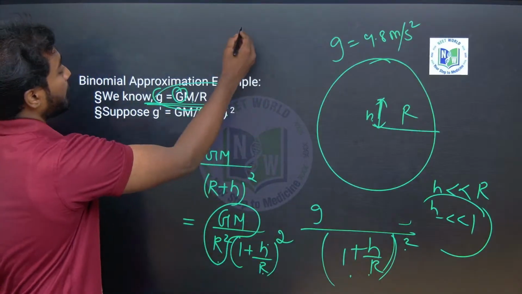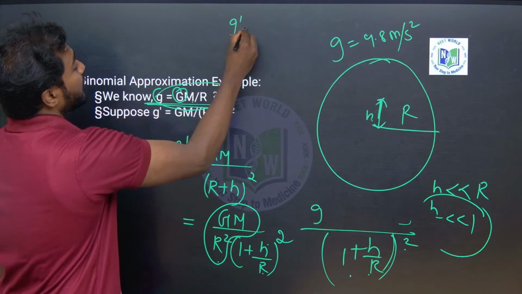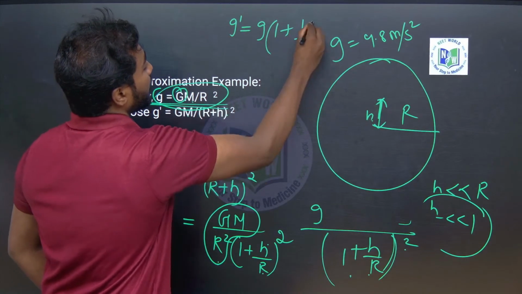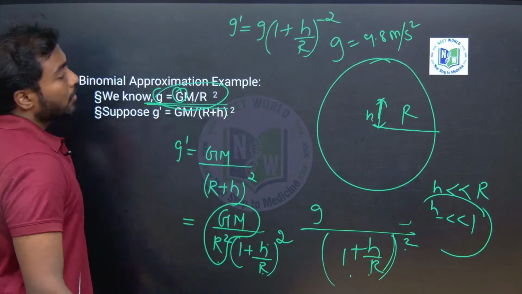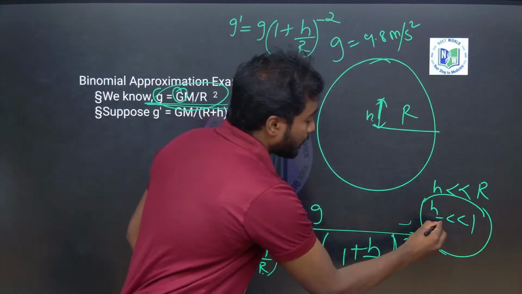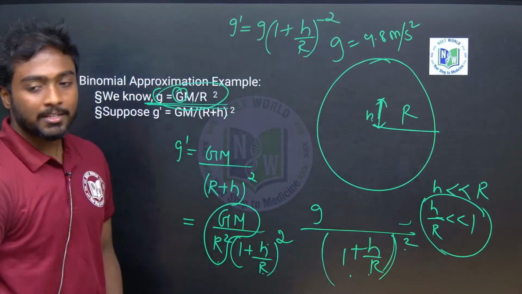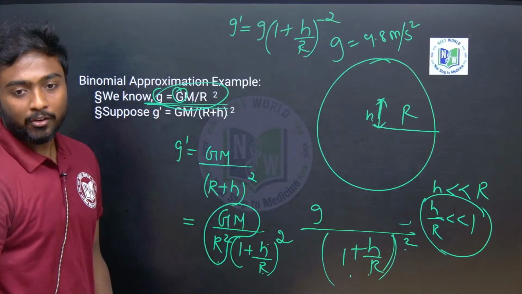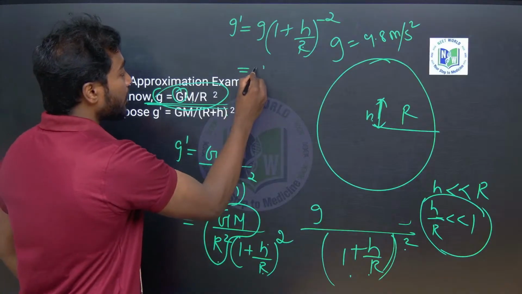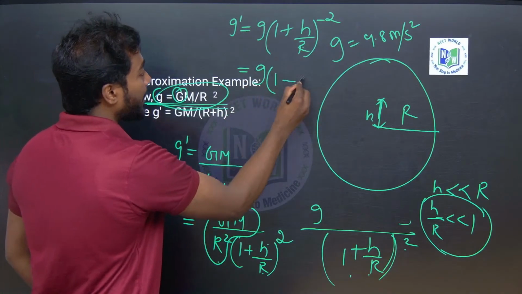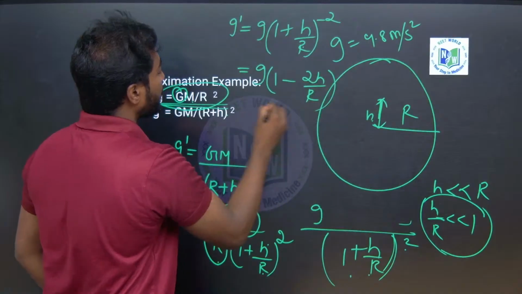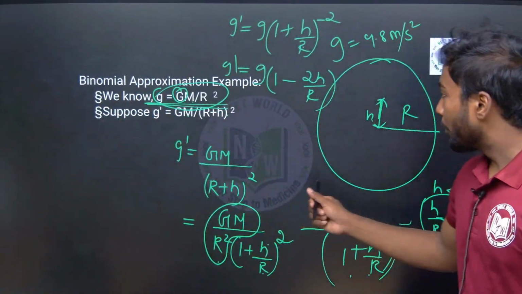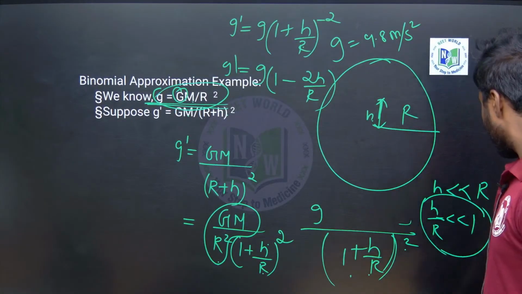So g dash is equal to g into (1 plus h by R) power minus 2. Now the condition here is h by R is much less than 1. If I apply the condition, this is the binomial approximation method. So g into (1 minus 2h by R) is the value of g dash. Understood? So this is how we use the binomial approximation method.